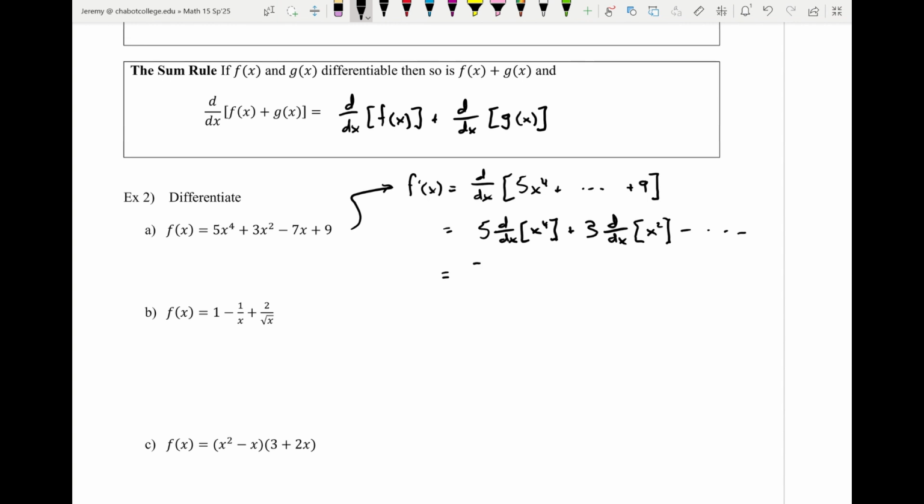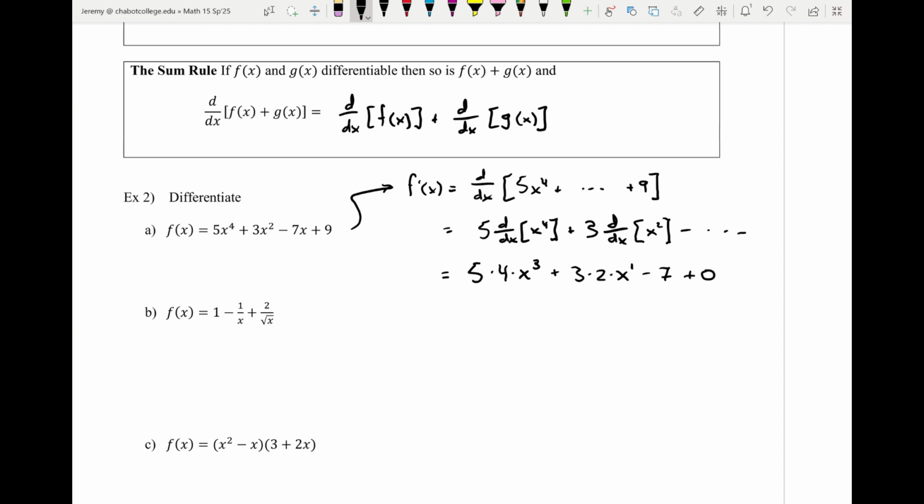So let's do it. So 5 times the derivative of x to the fourth, I'll bring down that old exponent 4, and then I'll subtract 1 to get the new exponent, which will be 3. Okay, and then plus 3 times 2 times x to the first power, so just using the power rule again, minus 7, right? That just becomes minus 7, and then plus 0, the constant.